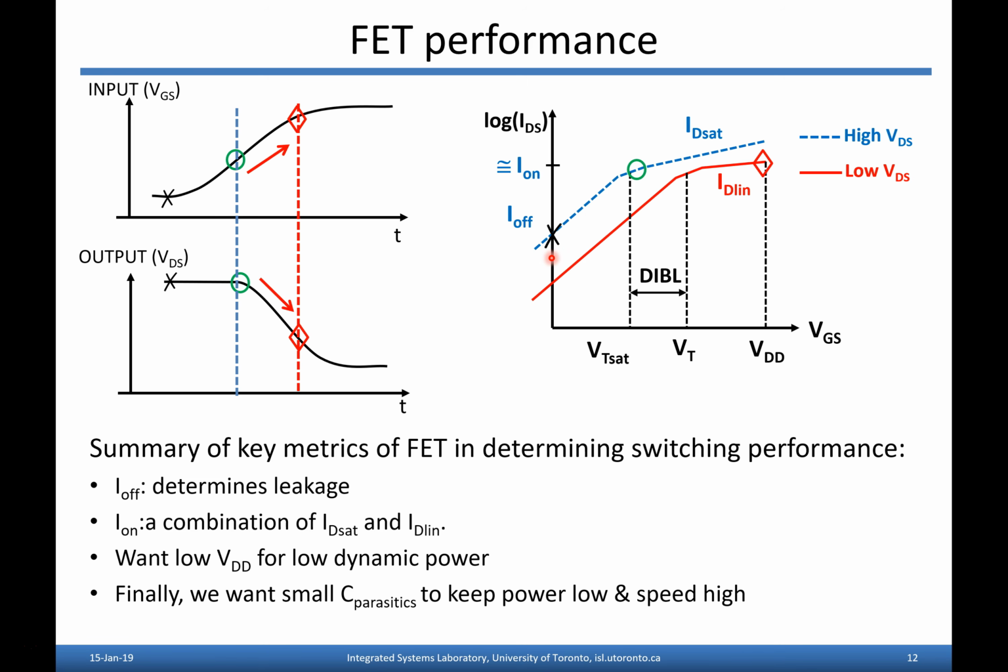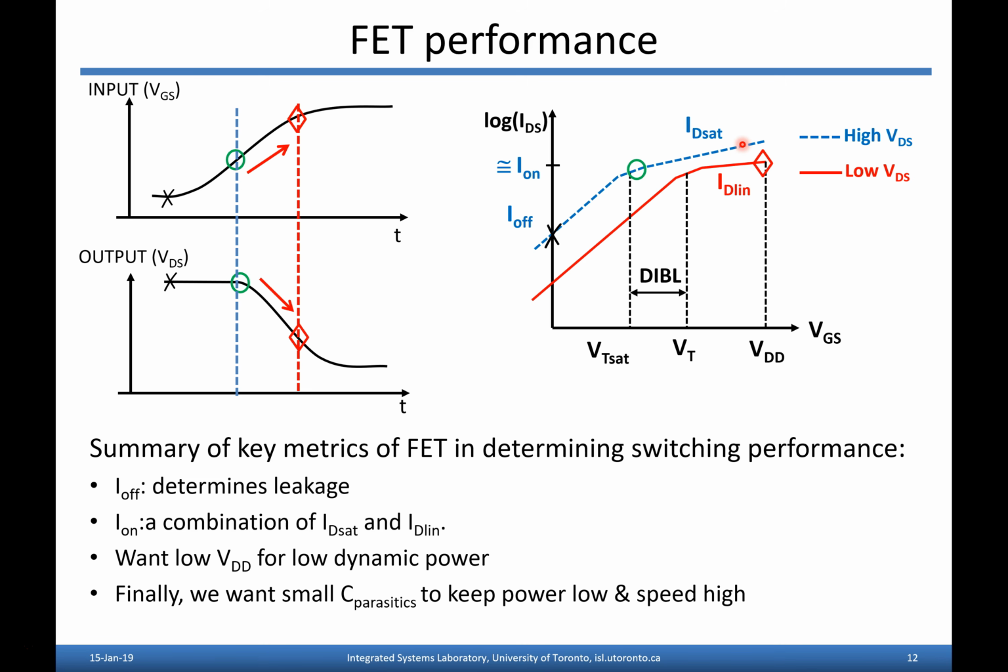So the blue curve is an exponential plot of IDS versus VGS corresponding to a very high value of VDS. So you'll see here you've got in this region subthreshold behavior because we're below the threshold voltage, and that turns into a square law somewhere around here, right?